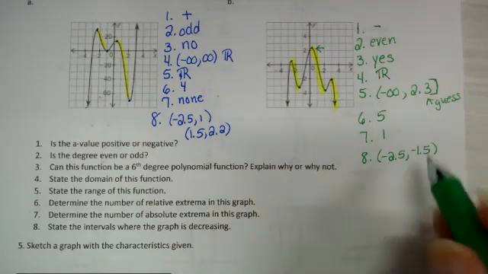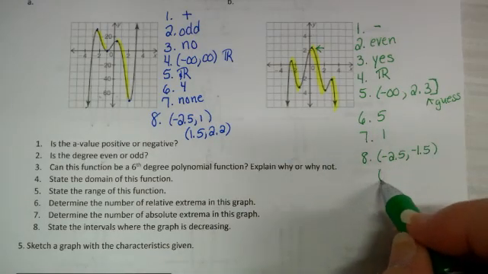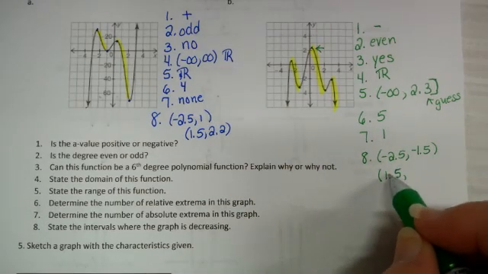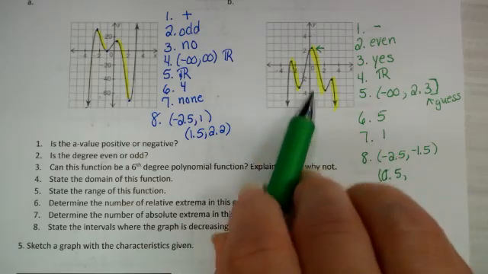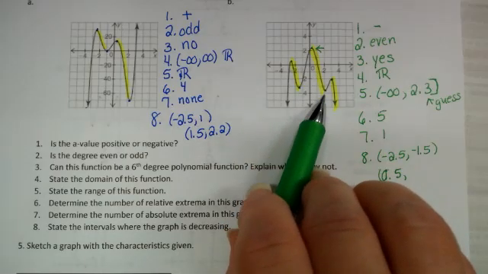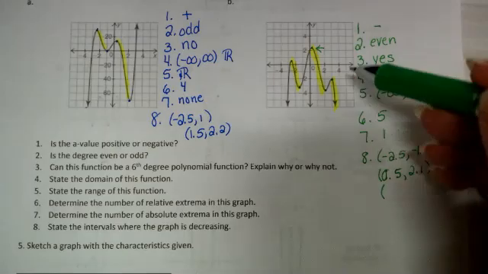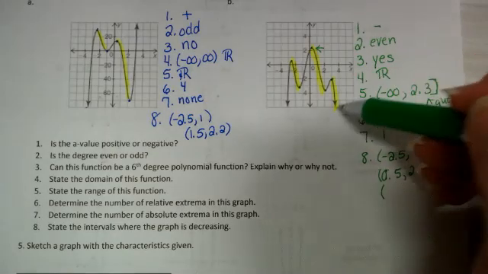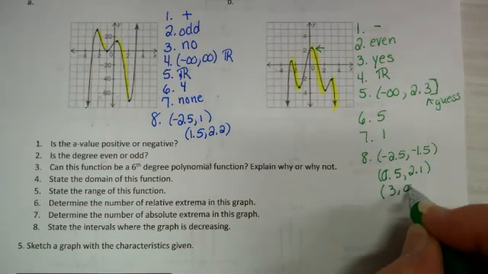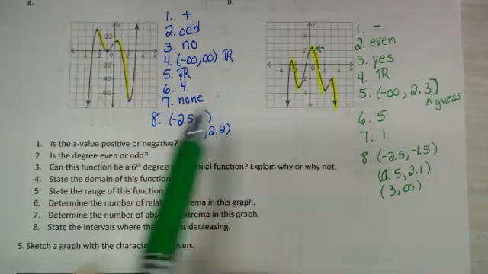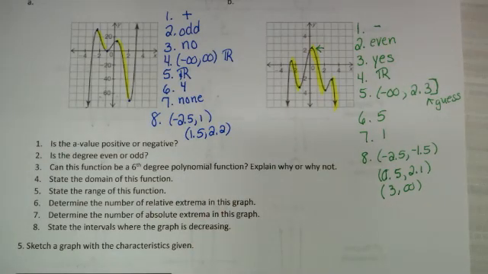And over here, let's just say 0.5 until over here at maybe 2.1. I'm guessing again. And then 3 to infinity. So for some of those we had to guess because we don't have the exact values or the exact function, but that's the general idea of what is going on there.